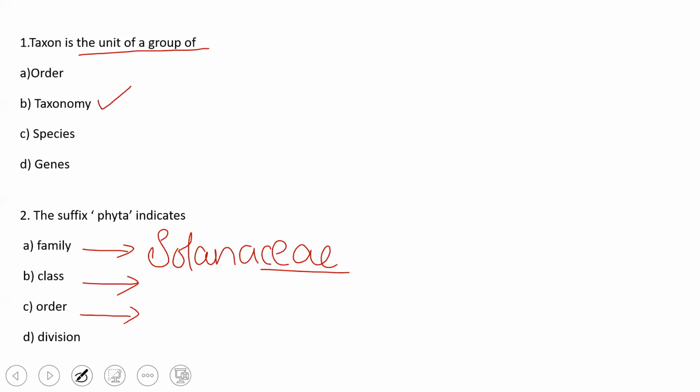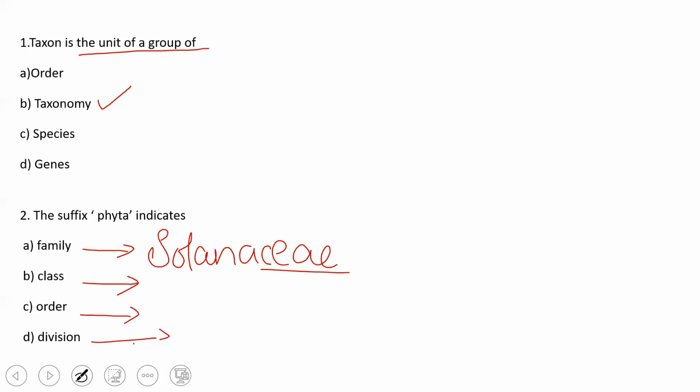Order, I have told you, Polemoniales, Primata in case of animals. And in case of animals, one more example is Felidae, Canidae, they all belong to one single order, Carnivora.